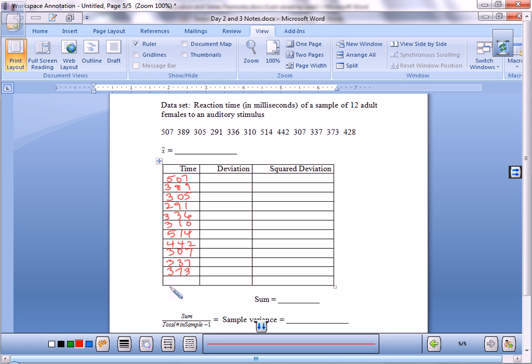And what do these times represent? It represents the reaction time of a sample of 12 adult females to an auditory stimulus. So this is reaction time in milliseconds. I'd be closer to this 514. I'm slow.